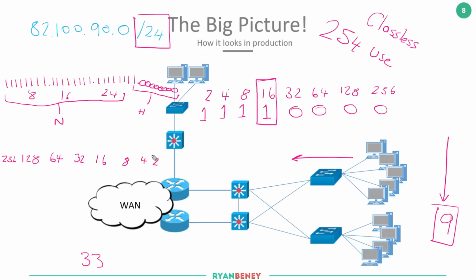Well, what we would need to do is have these bits turned off, and 32 is too small, and we'll turn on the bits once we've hit our requirement. So you can subnet from left to right for networks and from right to left for host.